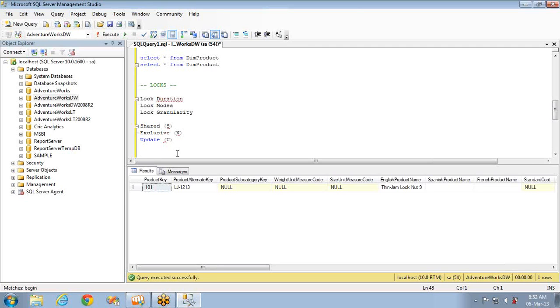The shared lock will make sure that once the shared lock is applied on a particular resource or particular table, another resource can still set a shared lock on the same. So a shared lock can be applied by multiple users on the same table or same resource. Let's say this is the data that is being pulled by many resources.